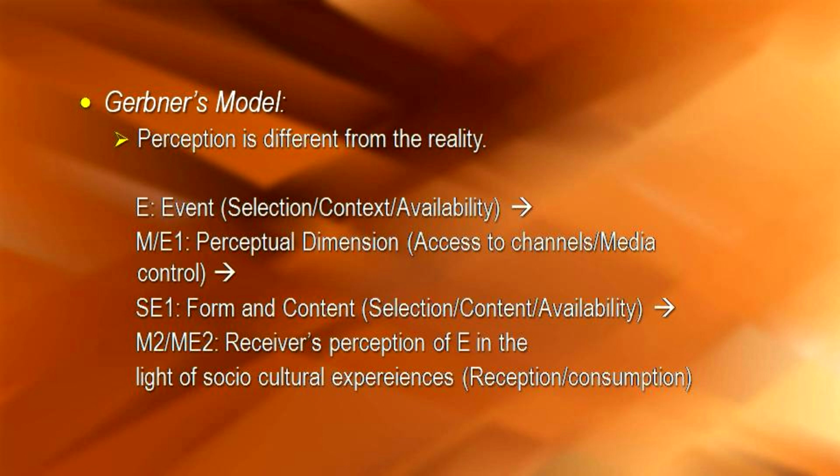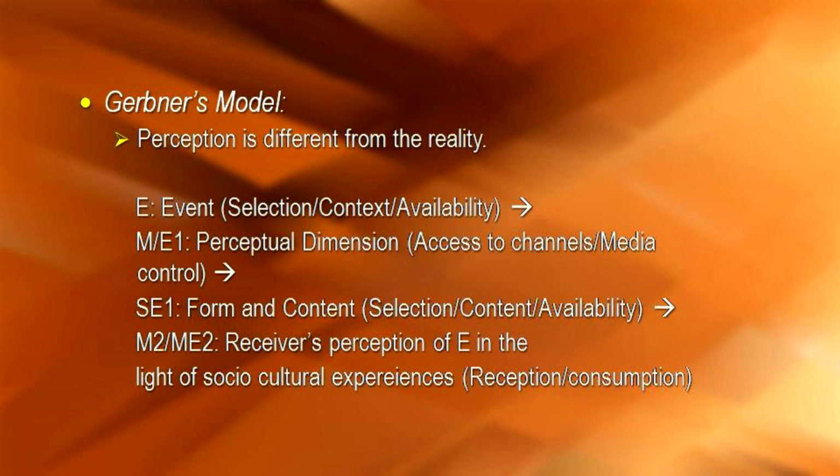Like we were talking about the event's form and content and its dependence on availability and context. Similarly, it is also the form and content of the editor, the media maker, the content provider that is coming into the picture now. So while the media content is being affected by the form and content or the perceptual dimension of the editors, the media makers, the reporters, after that it is reaching the audiences.